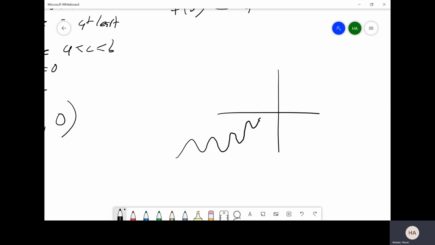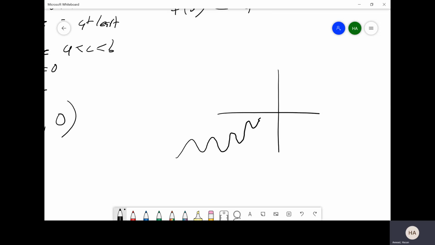There is no possible way for you to get a positive output or a positive y value without crossing the x-axis somewhere. Eventually you have to cross that road, right? If you're trying to get to that pizza place, eventually you have to cross the road. It doesn't matter where you cross the road, but eventually it has to happen.